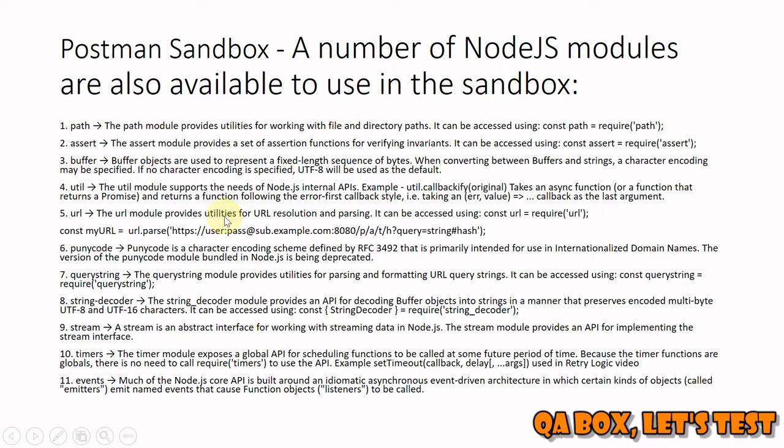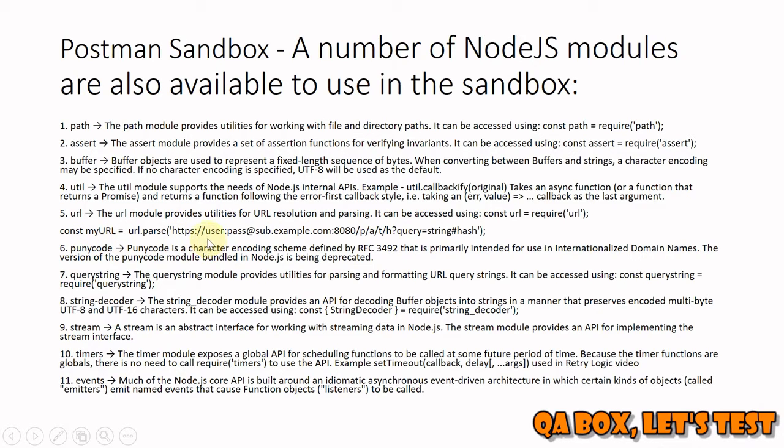URL is a module that provides utilities for URL resolution and parsing. For example, this is how you import this module: const url = require('url'), and let's say this is your URL and you want to url.parse it. So you want to parse this URL using this, and you get that, right? You store whatever you're parsing into this, and when you do the console.log, you will see a lot of properties associated with that.